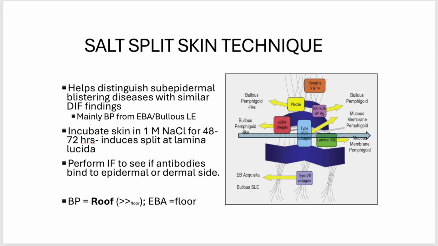If the autoantibody binds to the roof of the split, which is in this location, that supports bullous pemphigoid. If they bind to the floor, which is here, that will support the diagnosis of EBA. So in short, BP binds to the roof while EBA binds to the floor. I hope that makes sense.